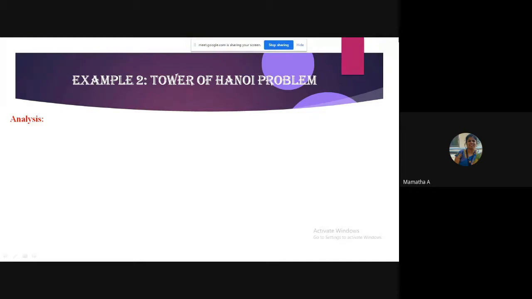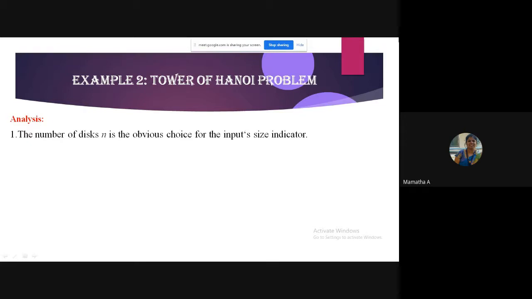But what varies? The number of disks varies. So let me go for the analysis. First step: number of disks is the obvious choice for the input size indicator. It is not number of pegs, remember.